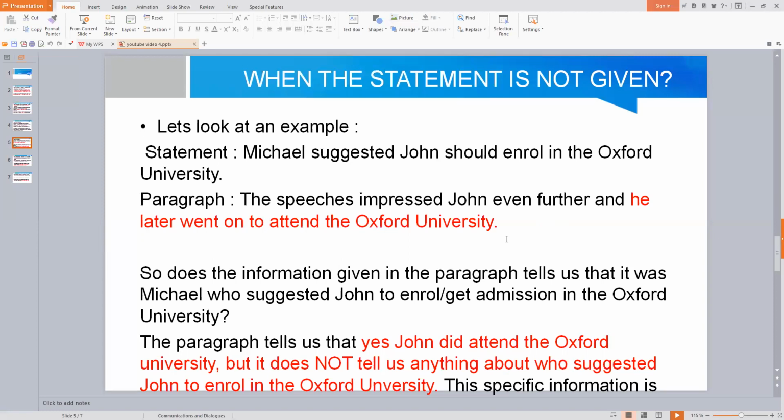But it does not tell us anything about who suggested John to enroll in the Oxford University. And the statement is telling us that. The statement is saying that Michael suggested John should enroll in the Oxford University. But according to the information given in the reading passage, we don't know. We don't know who suggested.